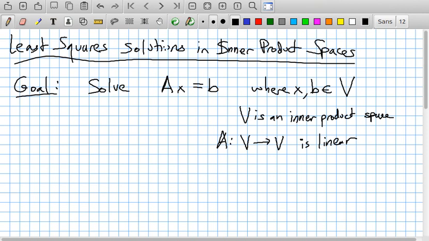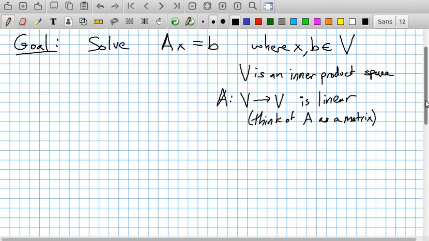You can think of it as a matrix, and that's very convenient for many applications. But it's not strictly necessary. Okay, so you'd like to solve this equation for x.